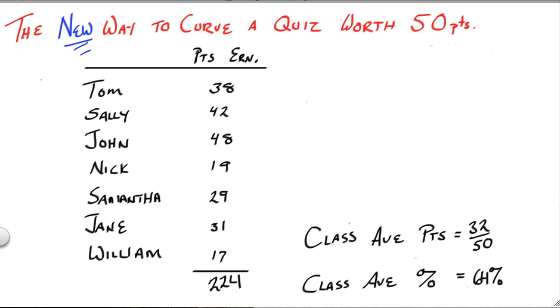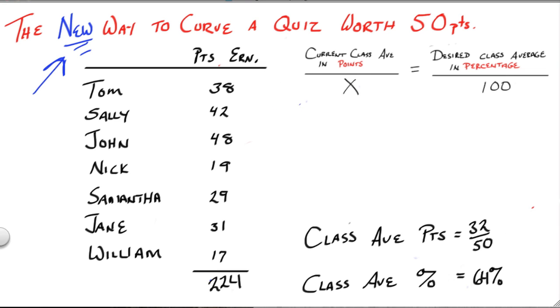Let's try this again the new way. We're not going to mess with the individual scores. Instead, we're going to plug in our new formula. What we need to do is take the current class average in points. We said before that that was 32 over 50, which we got from 224 divided by 7.